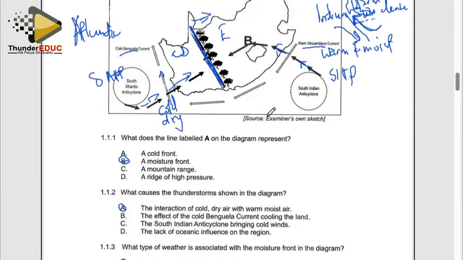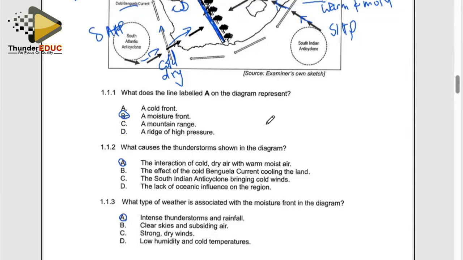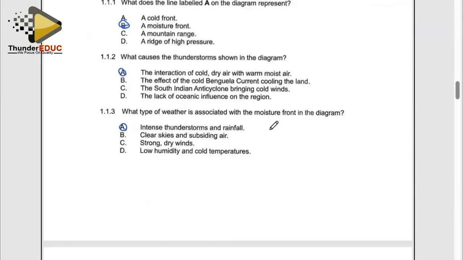On the eastern side of the moisture front, we have a series of thunderstorms as a result of the interaction of the warm, moist air with the cold, dry air. We have heavy rainfall also because of the upliftment of warm and moist air from the South Indian anticyclone or high pressure cell. For that same reason, it gives us heavy rainfall, and it is also associated with intense thunderstorms.